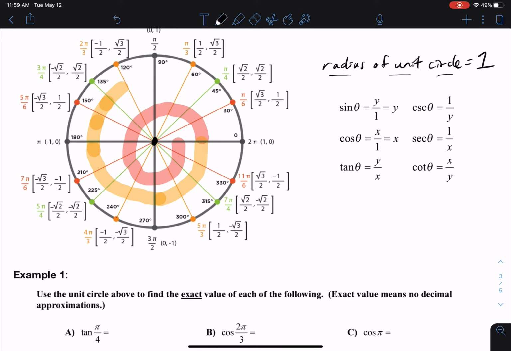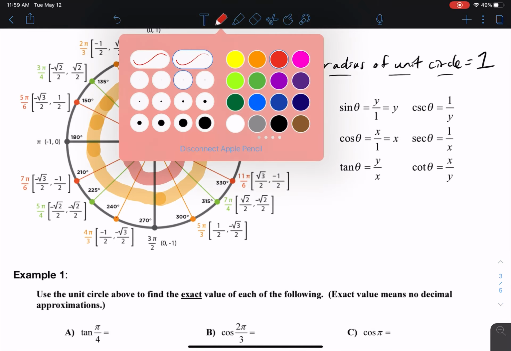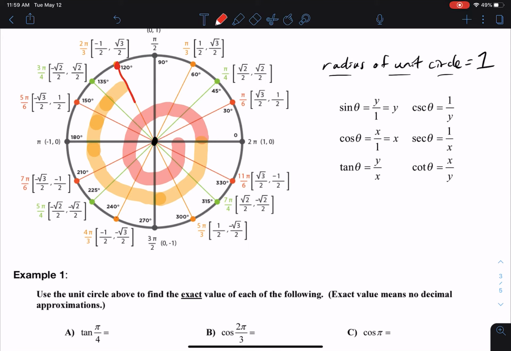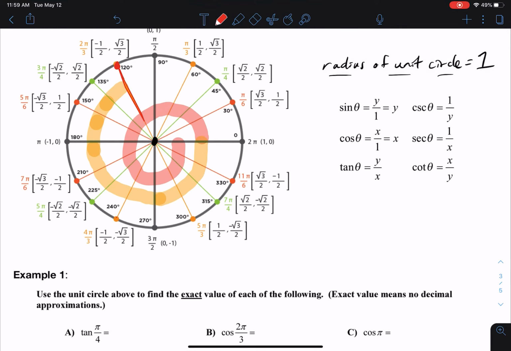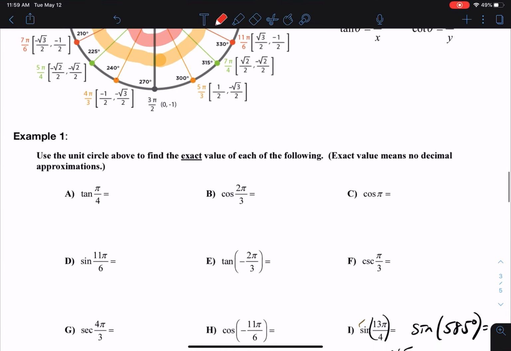Here it is right here. That's the angle. It's the same as positive 120 or 2 pi over 3. And these are the coordinates here.